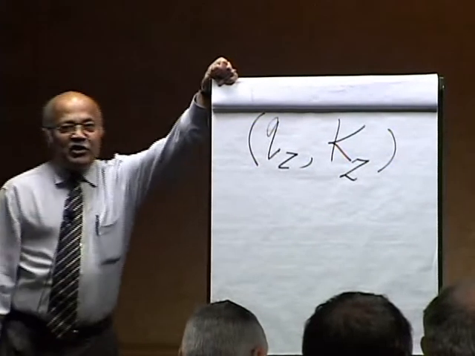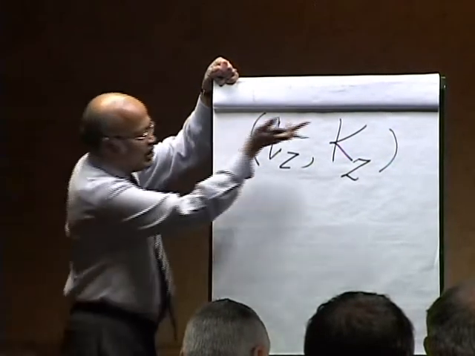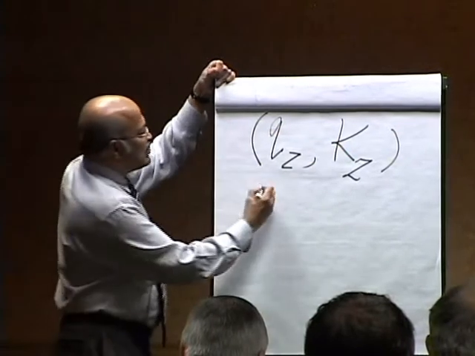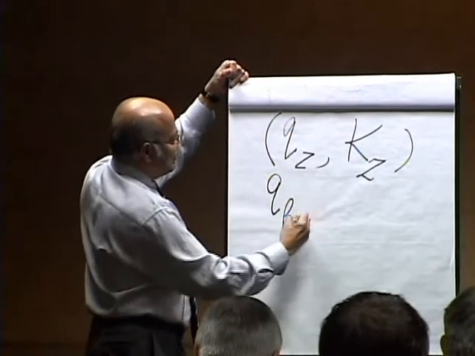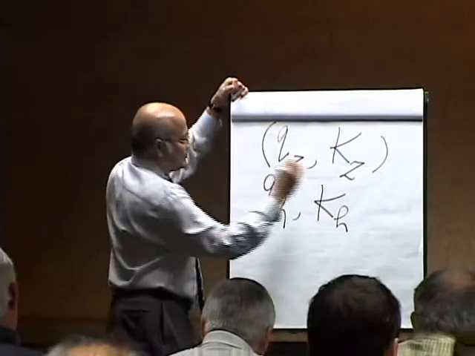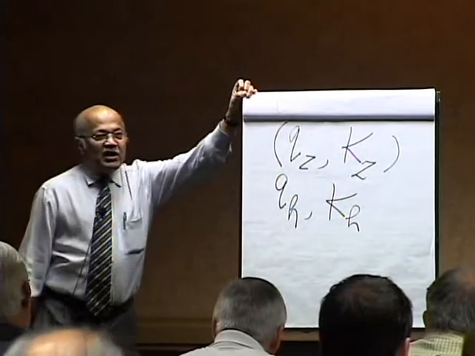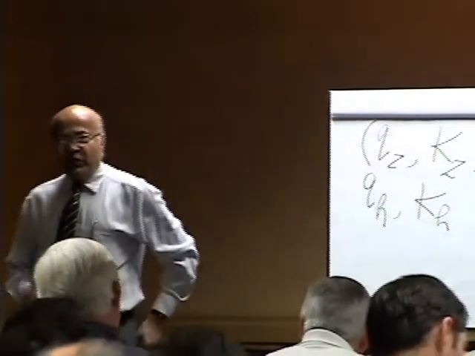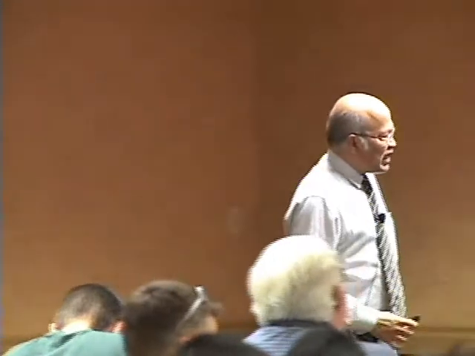In wind design, according to ASCE 7, you will see that some of the time, but more often than not, you will see Q sub h, K sub h. h is the mean roof height, height to a point halfway between the eave and the ridge. Very, very important in ASCE 7 wind design, as will become apparent as I take you through a little bit more. So keep that in mind.